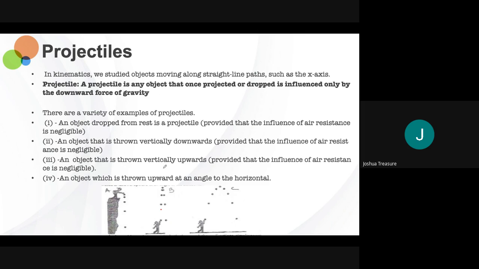Or an object is thrown vertically upwards, as in B, provided that the air resistance is negligible. And then an object is thrown upward at an angle to the horizontal. It would look something like this: we have the horizontal here, the vertical, and the object is thrown at this particular angle upwards.